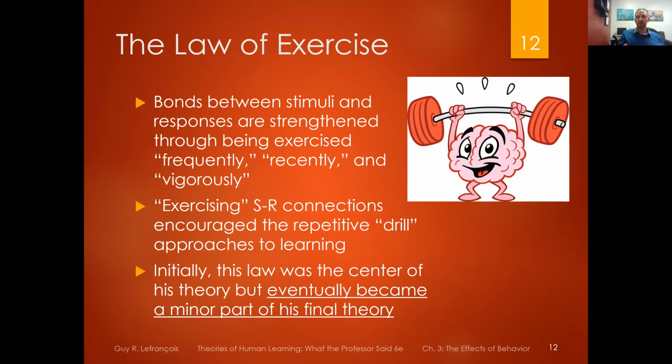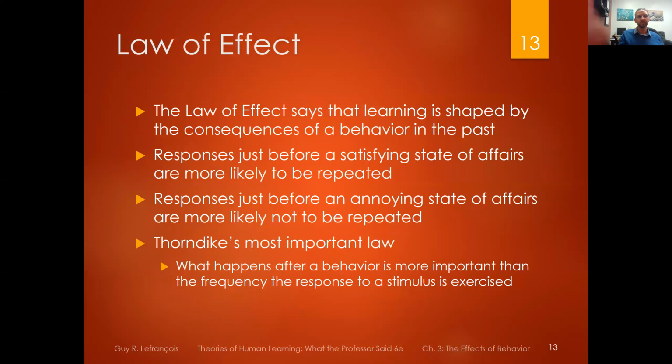But because Thorndike had a big influence on educational psychology, some schools really started working at drill approaches to learning, that what we need to do is exercise children in terms of their mental skills. So just over and over and over, get them to do math problems, science problems, things like that. And that's because Thorndike argued that exercise and repetition was really important.